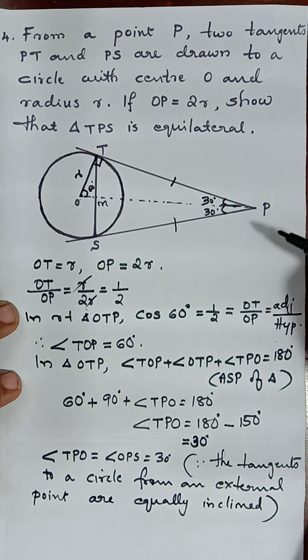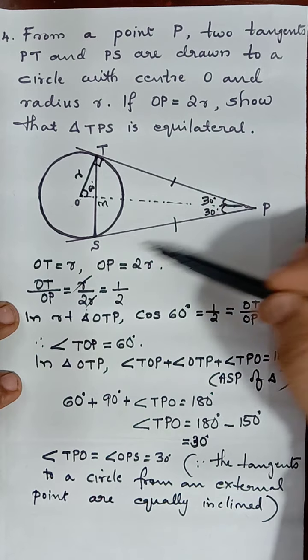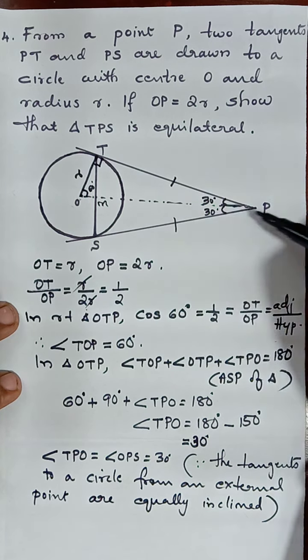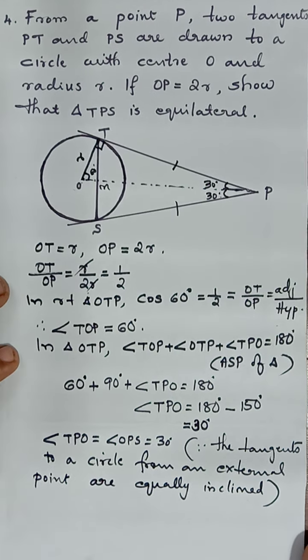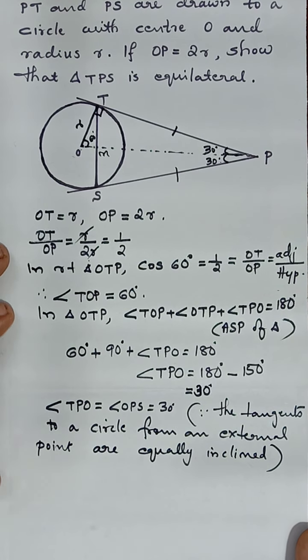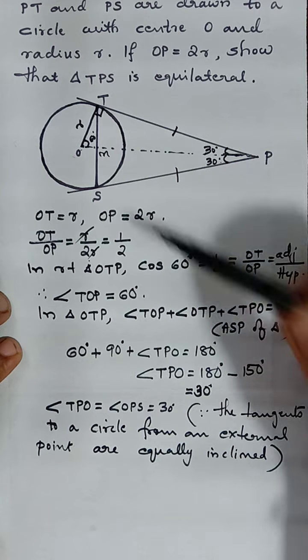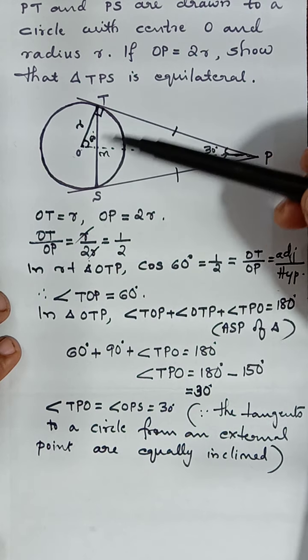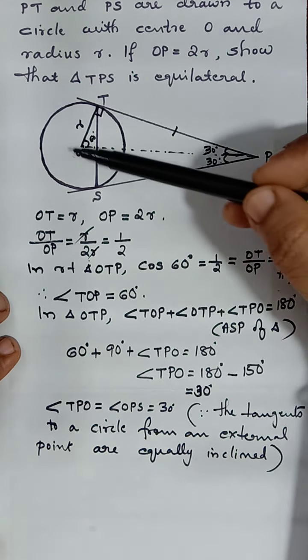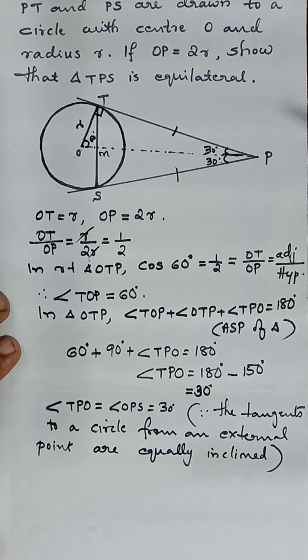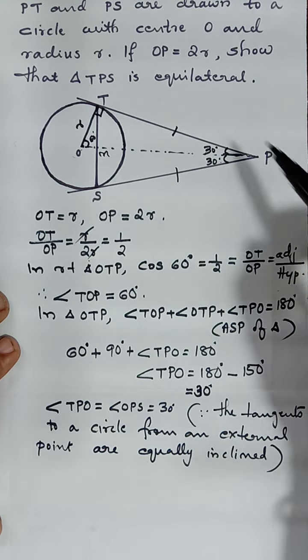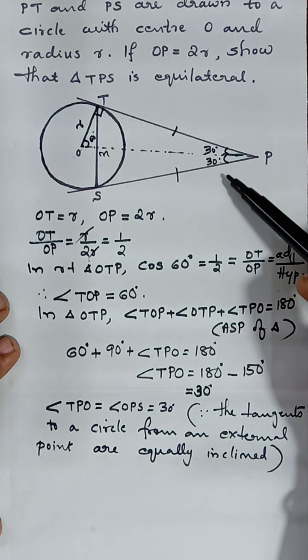So these two tangents from an external point are equally inclined, forming equal angles of inclination, that is 30 and 30. Actually it is by SSS congruence itself. By joining OS, you will get triangle OTP congruent to triangle OSP. Therefore these two will be equal. One sentence will do. So 30 and 30 we got. That means angle P is equal to 60.